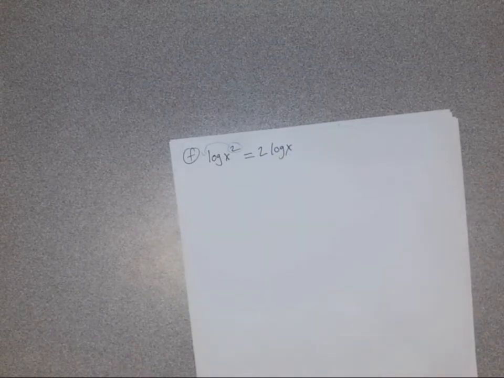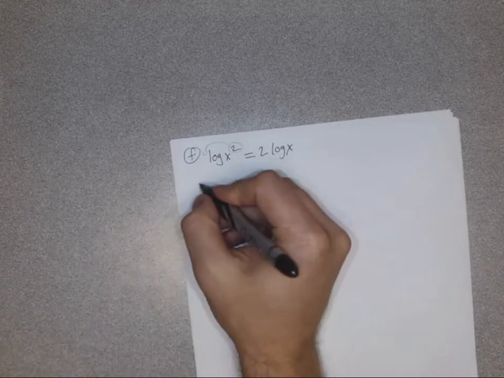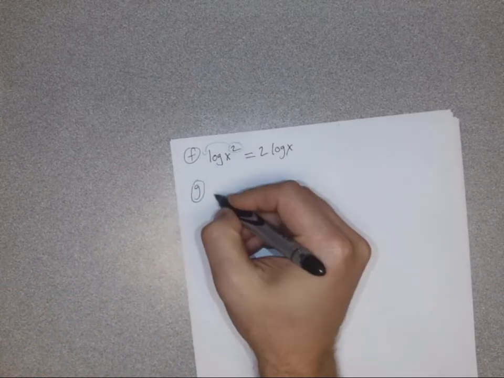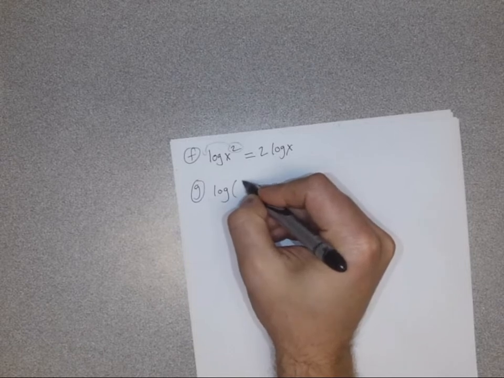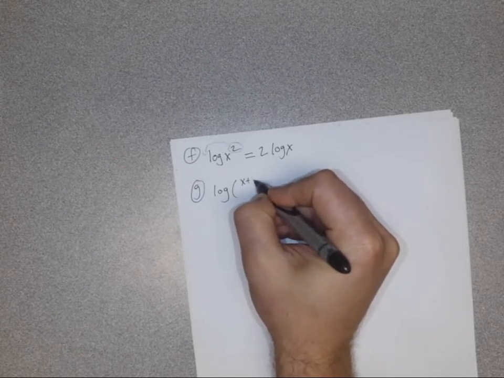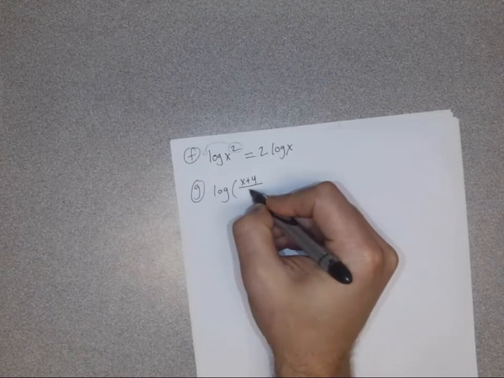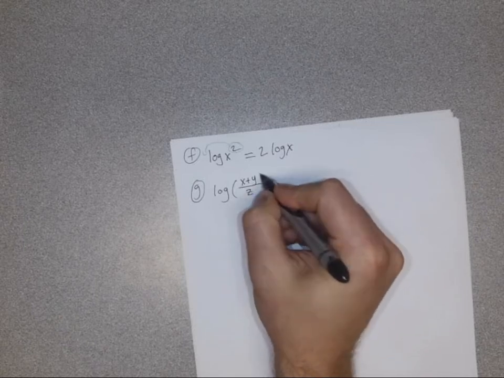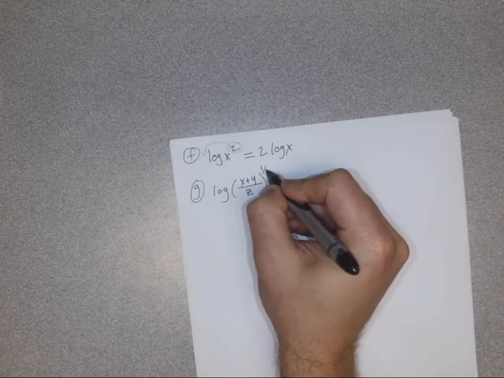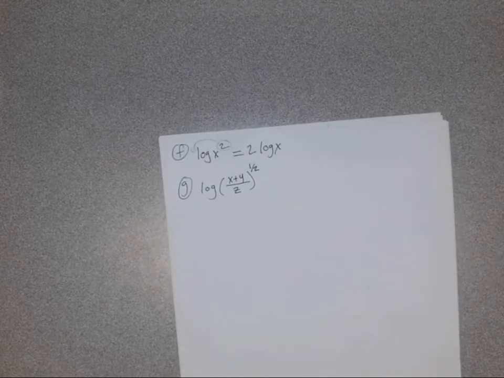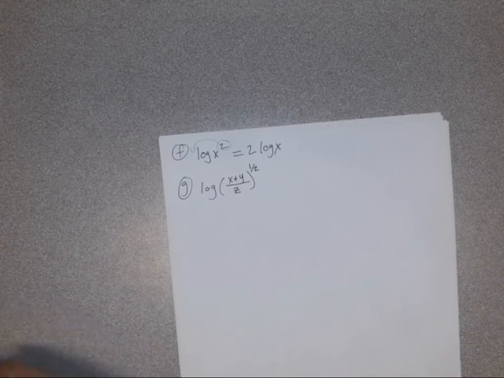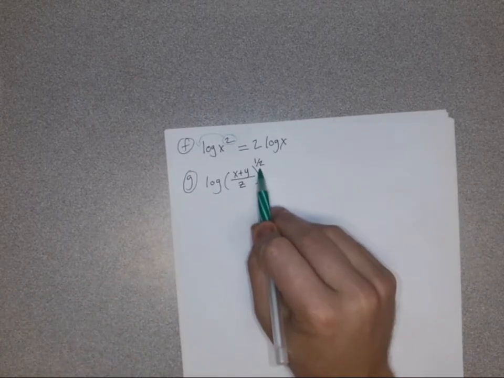which comes in handy. We could have something like this. Let's say log of x plus y divided by z, and all of that's raised to the 1/2 power. All right, so we can't do anything here until we deal with this exponent.